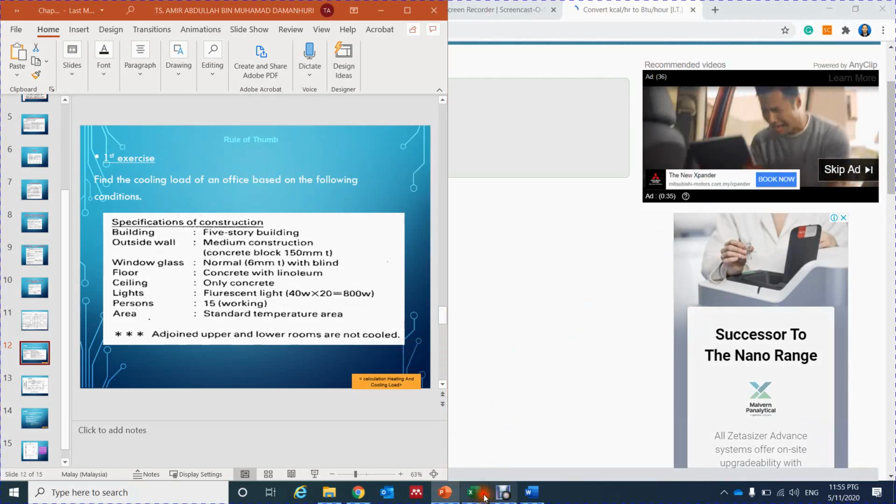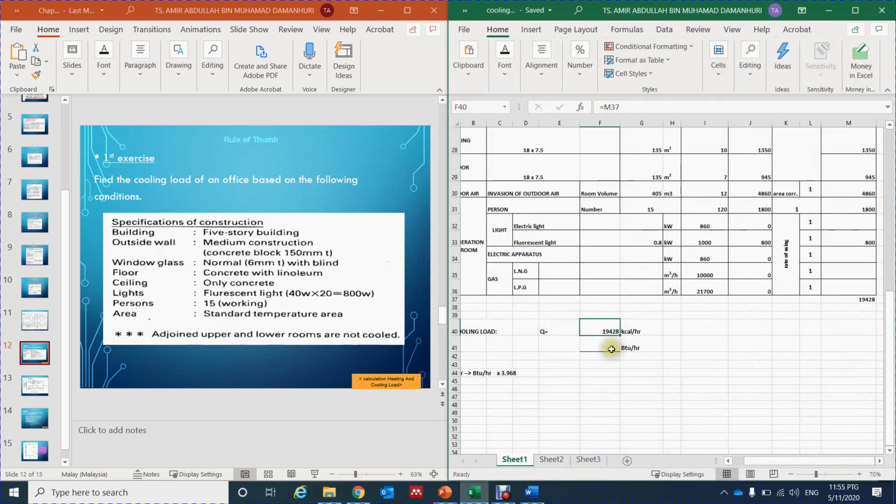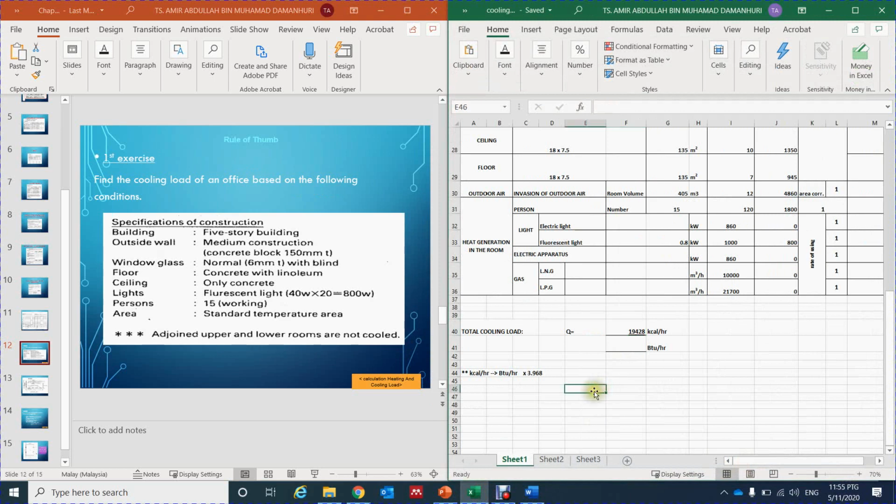So now if you want to calculate it, the formula here we have already stated. If you want to convert 19428 kilocalorie per hour to BTU per hour, you have to times 3.968.